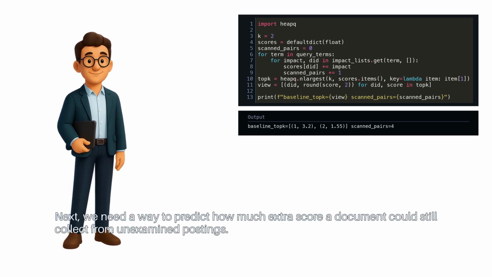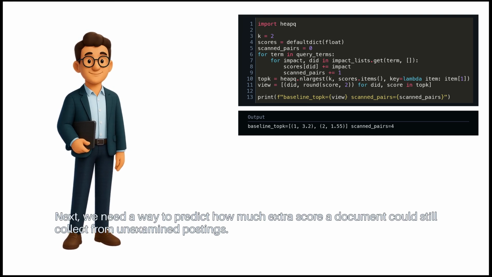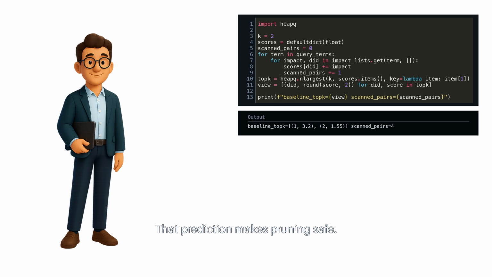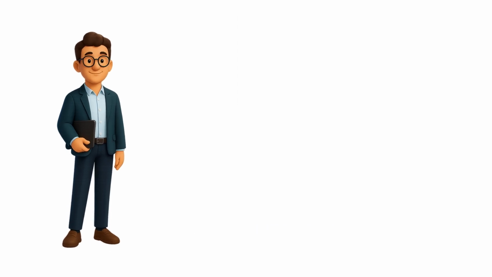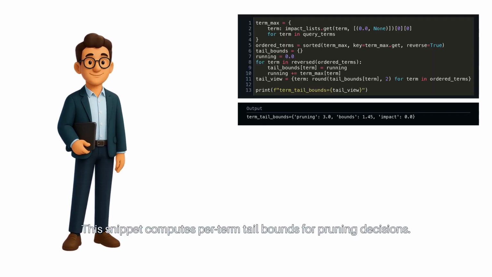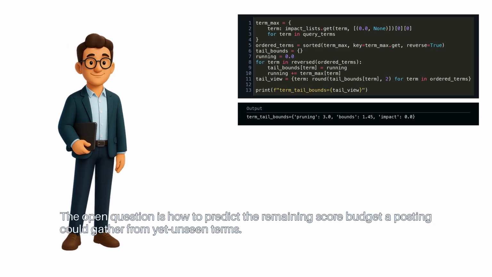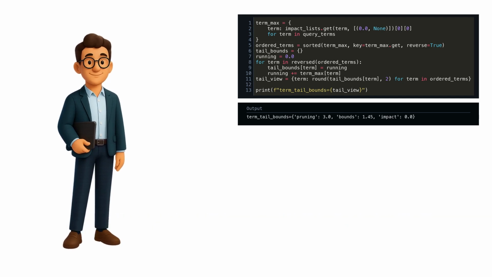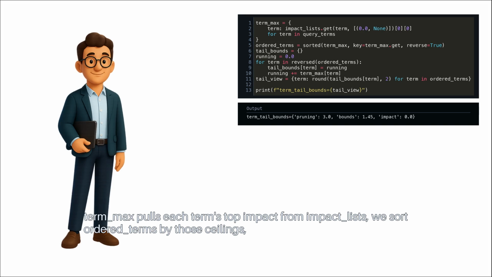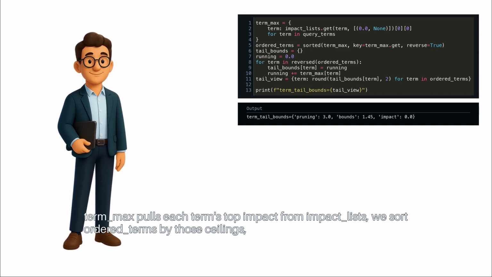Next, we need a way to predict how much extra score a document could still collect from unexamined postings. That prediction makes pruning safe. This snippet computes per-term tail bounds for pruning decisions. The open question is how to predict the remaining score budget a posting could gather from yet unseen terms. Term max pulls each term's top impact from impact lists.